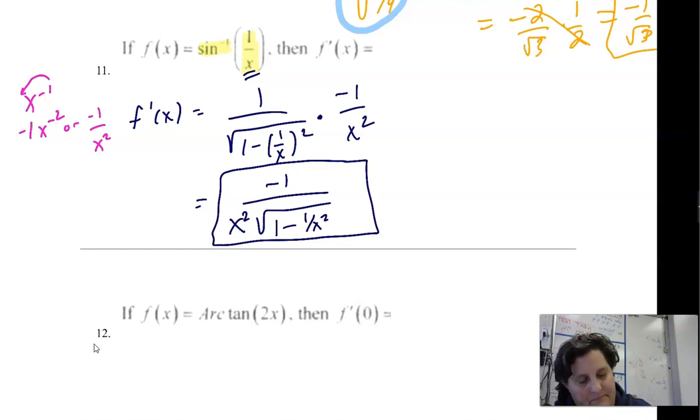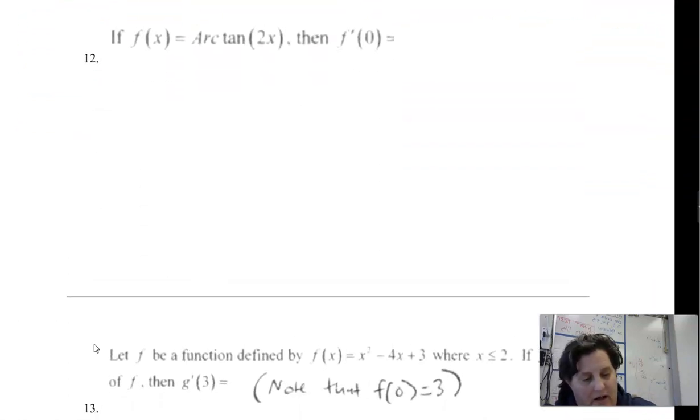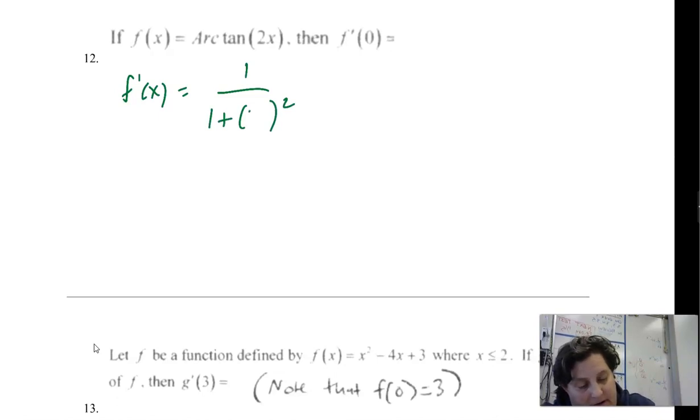Okay, for number 12, we're going to find the derivative of arctan of 2x. All right, the derivative of arctan is 1 over 1 plus x squared. And for that, that's going to be 2x squared. And then for chain rule, times 2, right?